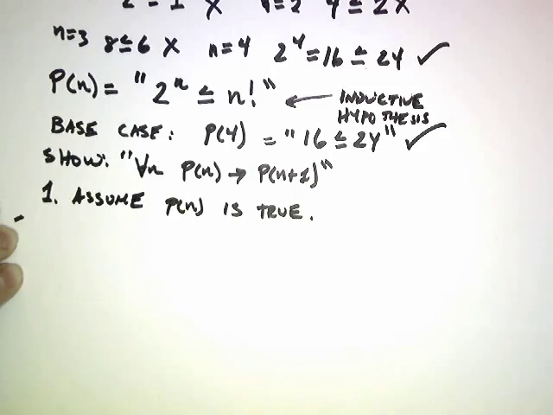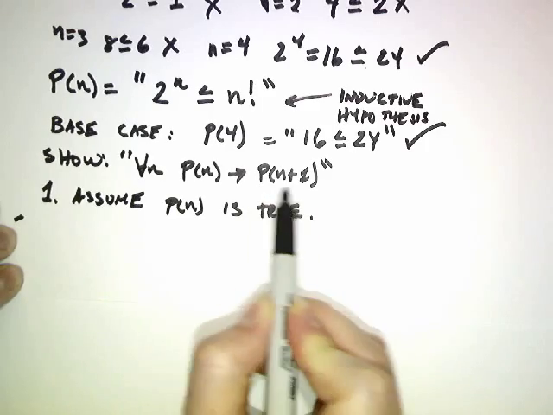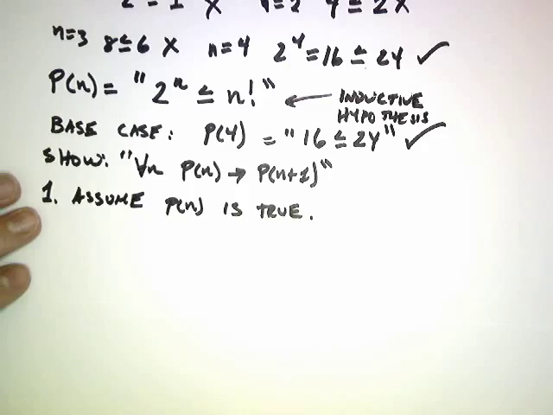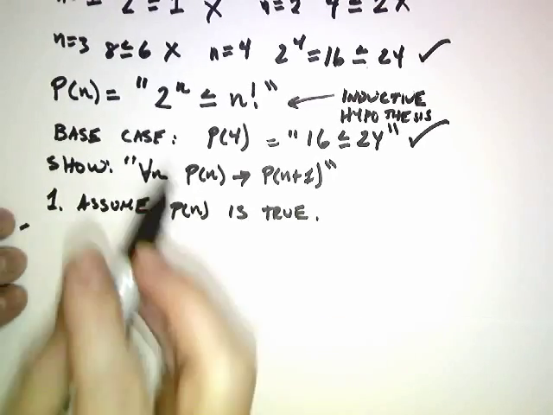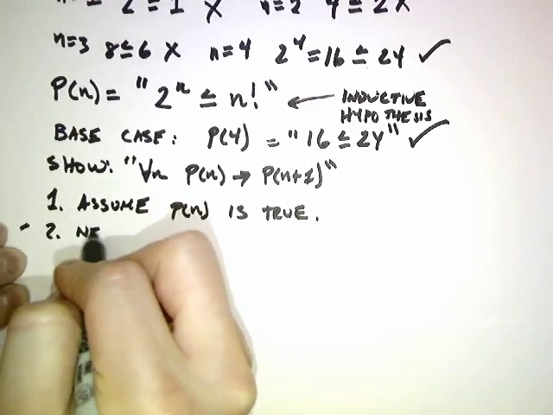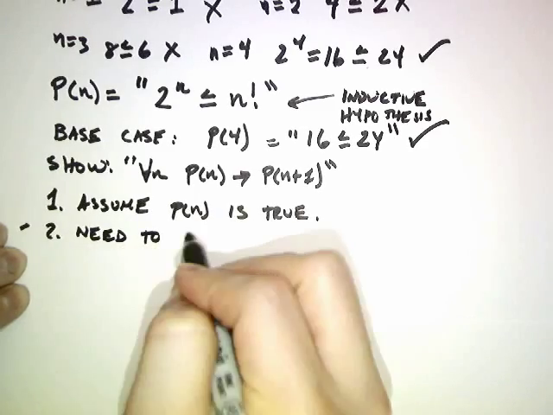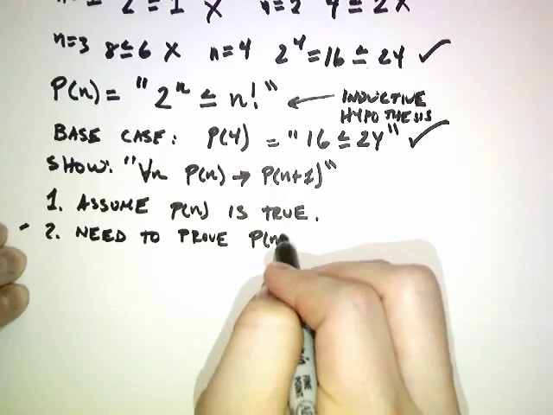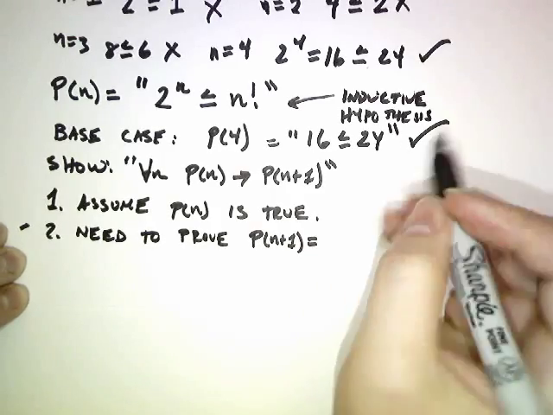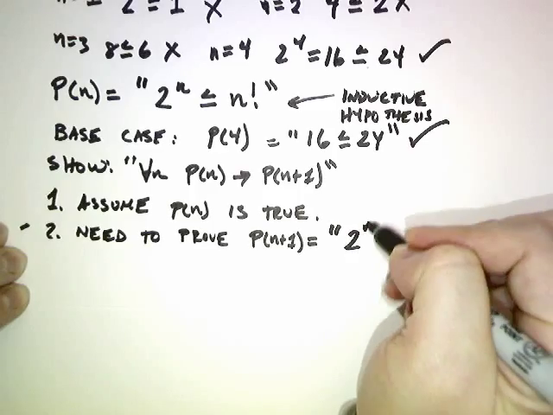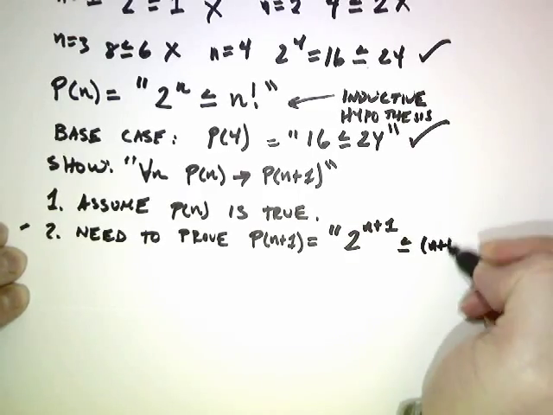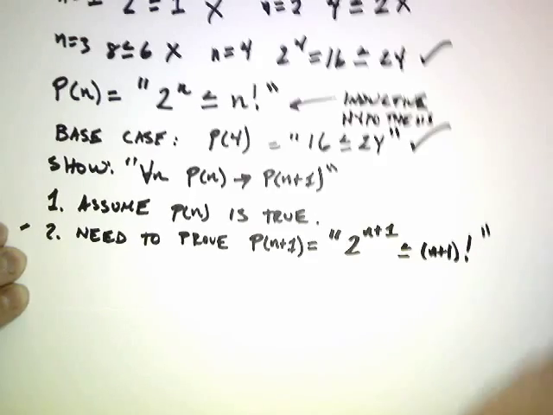So think of n as some large number. We've assumed that P of n is true, and we need to conclude, given this fact that P of n is true, that P of n plus 1 is true. So we need to prove P of n plus 1, which is the statement that 2 to the n plus 1 is less than or equal to n plus 1 factorial.